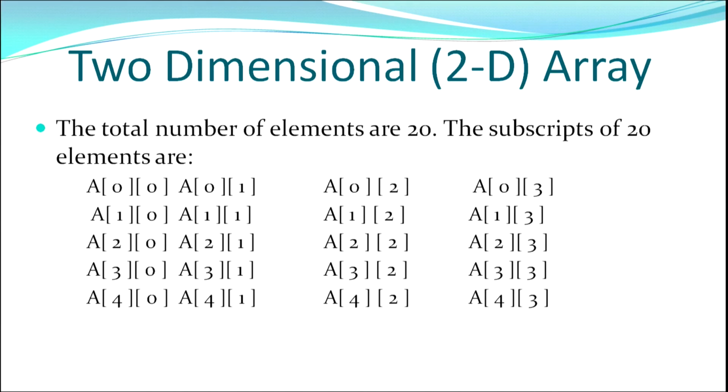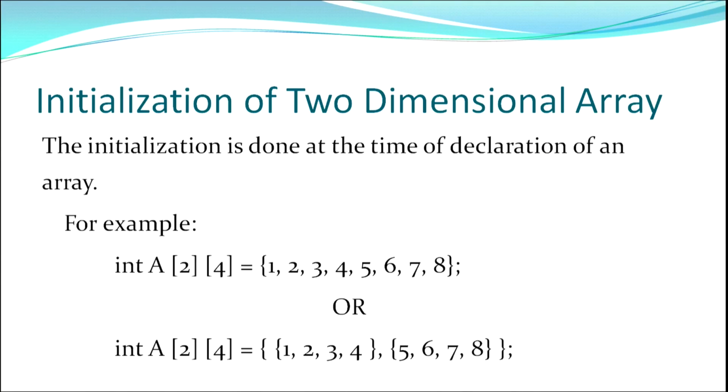You should understand how the subscripts are made so that you can work on the arrays and create your program. As we initialized a one dimensional array, in exactly the same manner we can initialize a two dimensional array in curly brackets with each element separated by a comma. You can initialize row wise or give all the elements together.